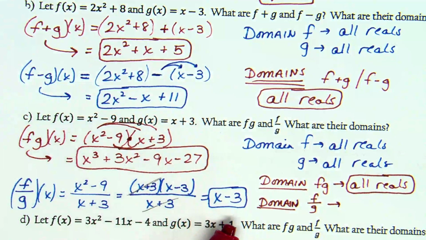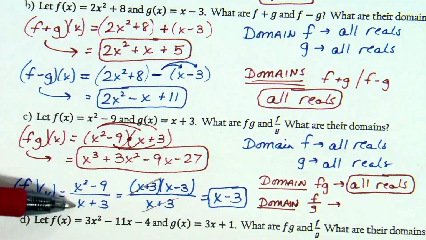Now, here's the trick. What did we start off with here? Before we simplified and got to x minus 3, we started off with a fraction. What is true about a fraction? You can't have 0 in the denominator. What value would make 0 in the denominator right here? Negative 3. Now, here's what I say.